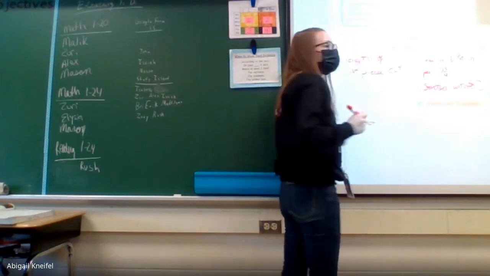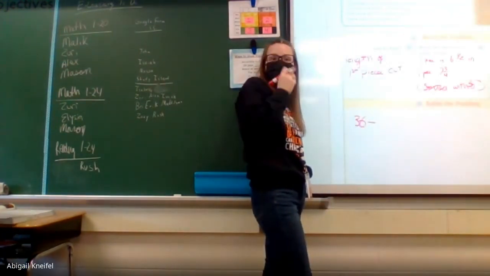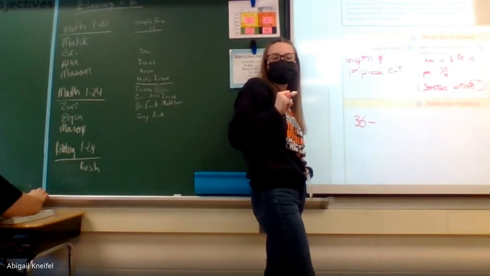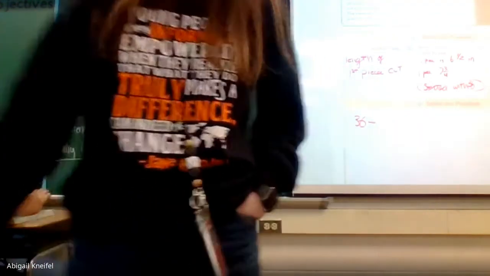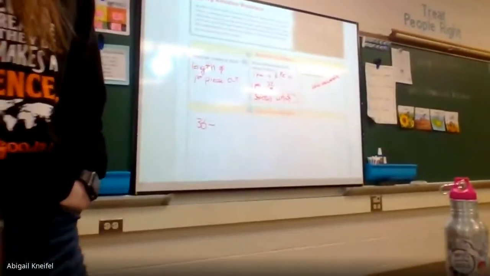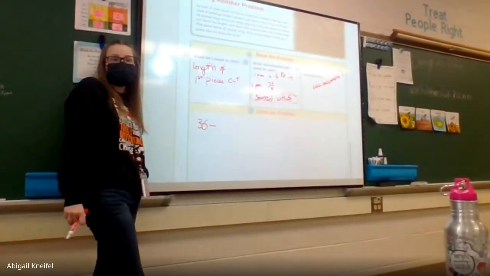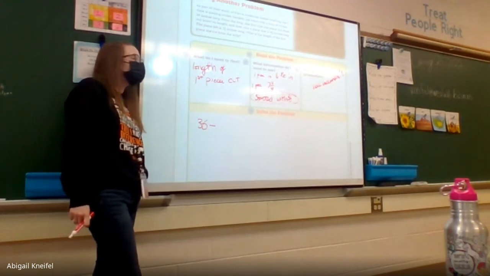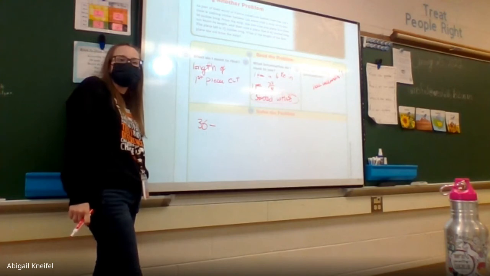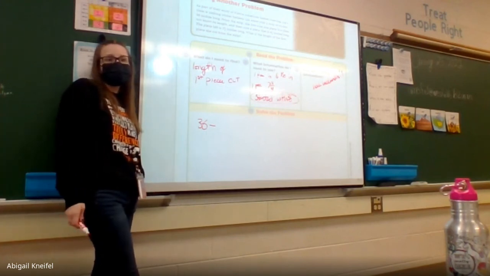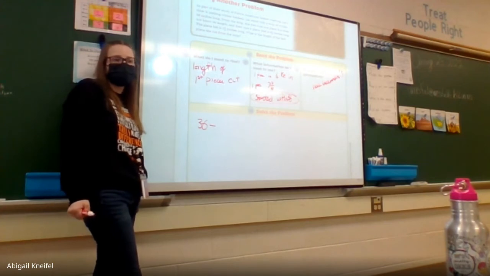And then what are we going to subtract from 36? Bree, what's something we're going to subtract from 36? They only gave us 3 numbers, and one of them's already on the board. 6.5.